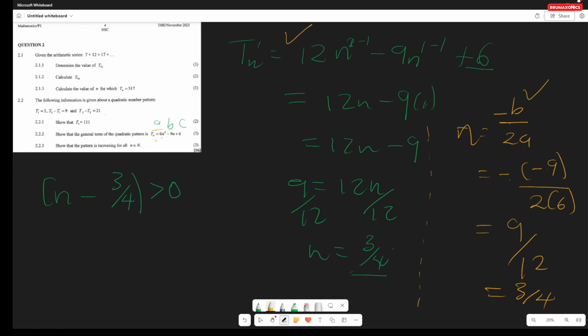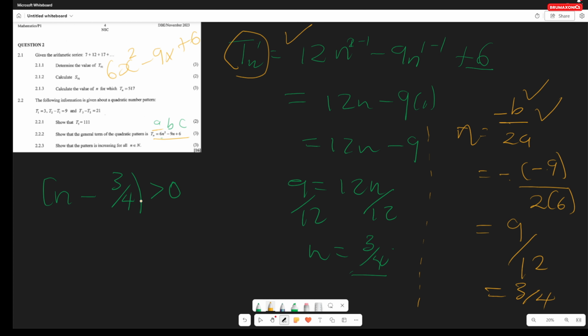So when you're finding a turning point of this, if you have a graph that says 6x squared minus 9x plus 6, you can derive the equation to get a turning point, or maybe use this particular formula to get a turning point. You will get full marks, right?